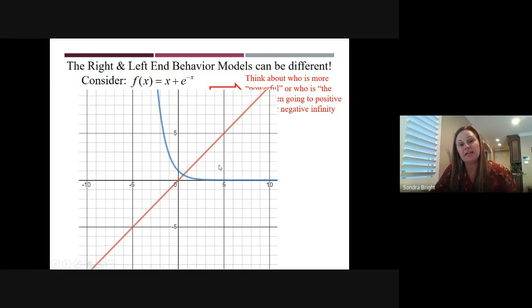So as x goes to positive infinity, y equals x is a way more powerful function. It's overpowering the e to the negative x. So I'm going to claim that y equals x is my right end behavior model.